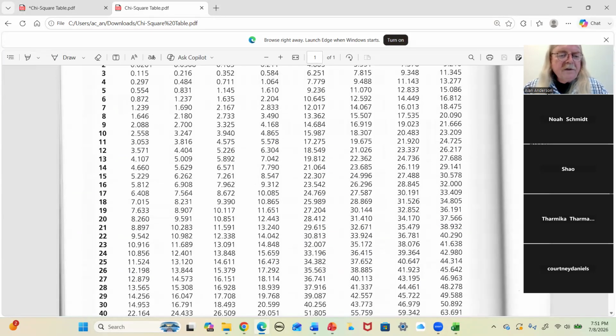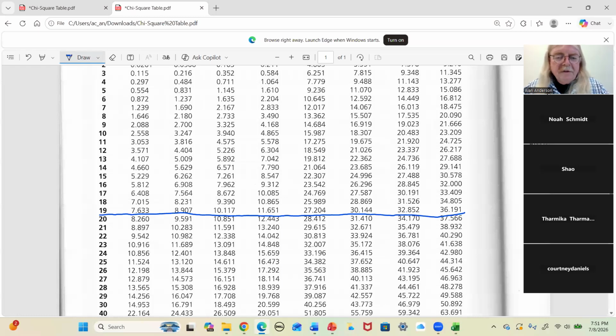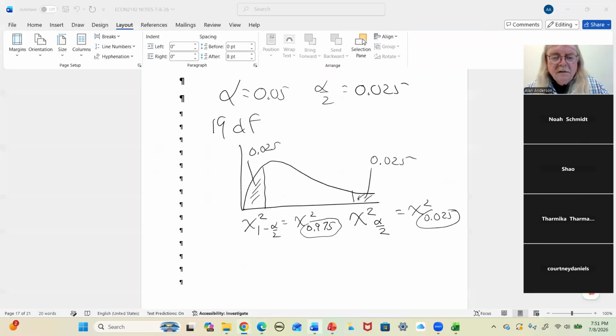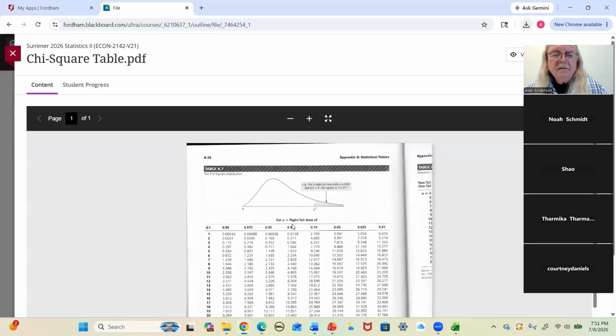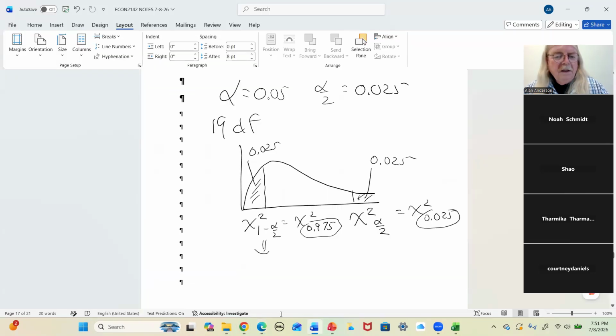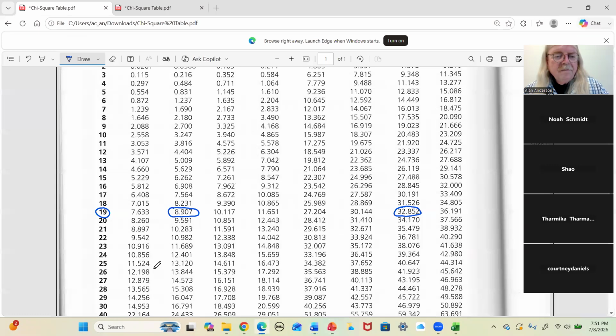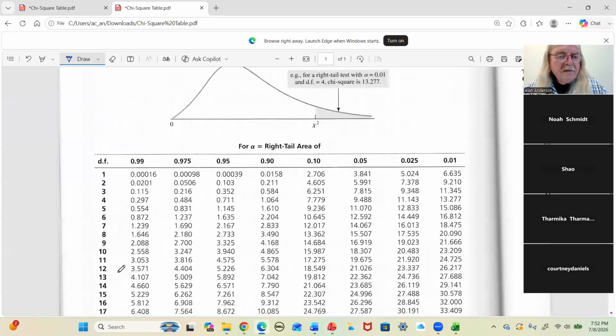So for 19 degrees of freedom, to find this value, I'm going to look in the column headed 0.975. So if you go to the top, it's right there.